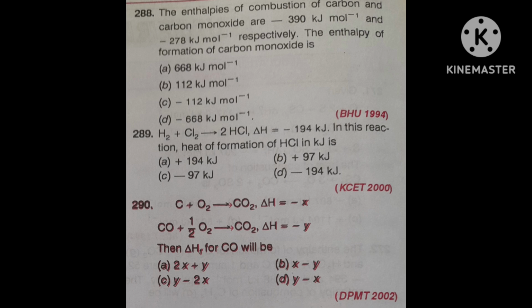That you have to calculate with the help of the above reactions, C plus O2 giving CO2 and CO plus half O2 giving CO2. With these two equations, you have to calculate for C plus half O2 giving CO.